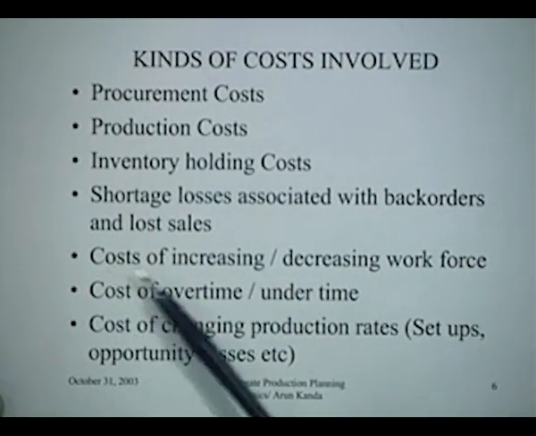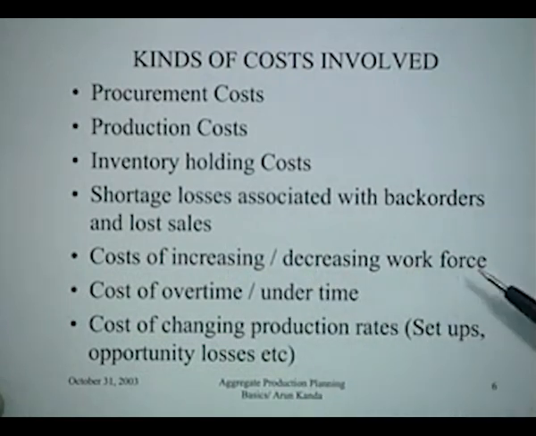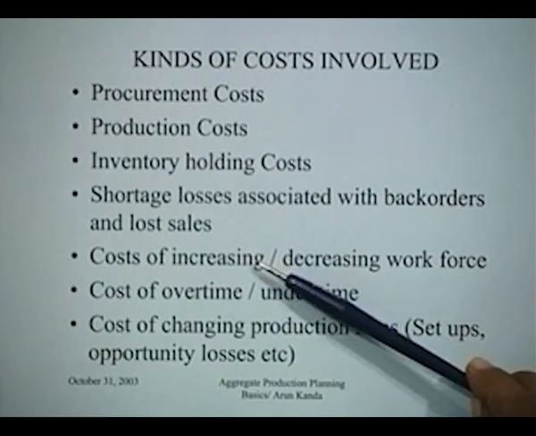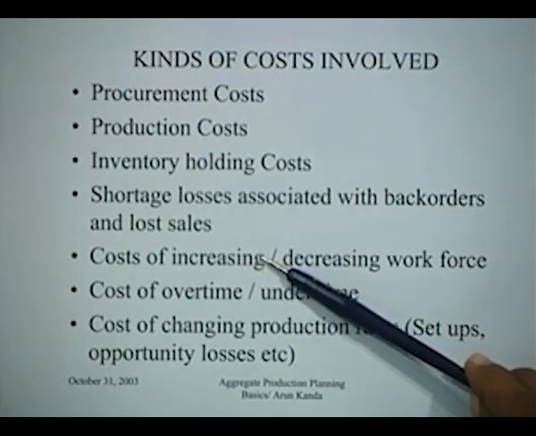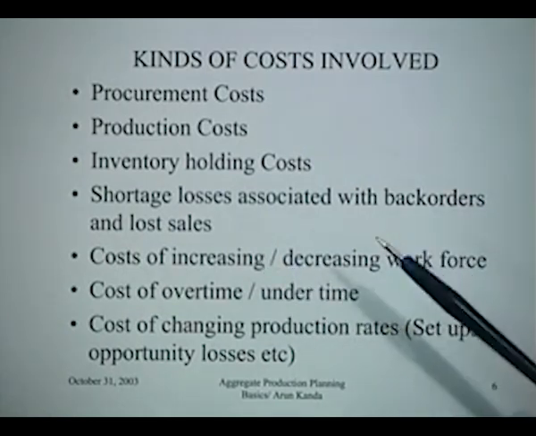Then we talk about costs of increasing and decreasing the workforce. These are typically the hiring and firing costs that we were talking about. If you increase the workforce, the cost of employing additional people, training them, and bringing them up to the mark so that they can contribute effectively to your process, that is the cost of increasing the workforce.